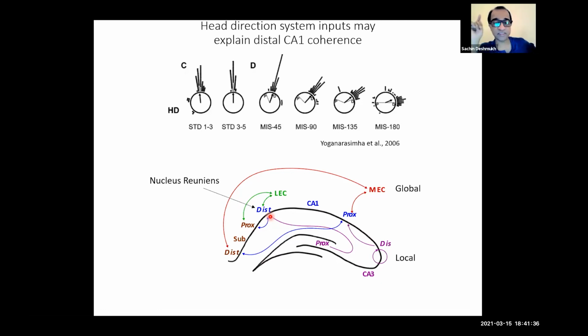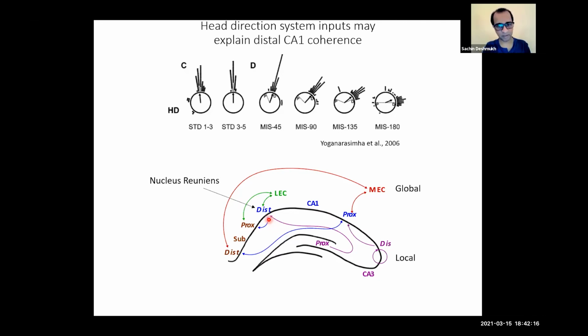Now remember, we started this proximal distal CA1 story with saying that proximal CA1 was thought to be more spatial because it receives inputs from the hippocampus, from medial entorhinal cortex, and distal CA1 receives from lateral entorhinal cortex, which is weakly spatially selective, and therefore we didn't expect much spatial selectivity here. But now we've ended up at a point where when there is cue conflict, distal CA1 is the one that is maintaining a coherent spatial representation, right?